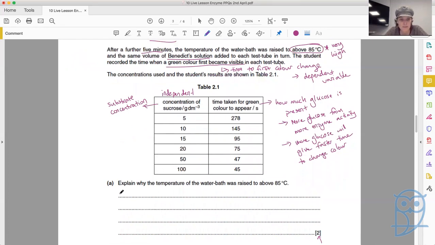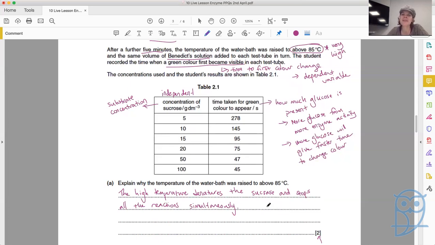The high temperature denatures the sucrase and stops all the reactions simultaneously.